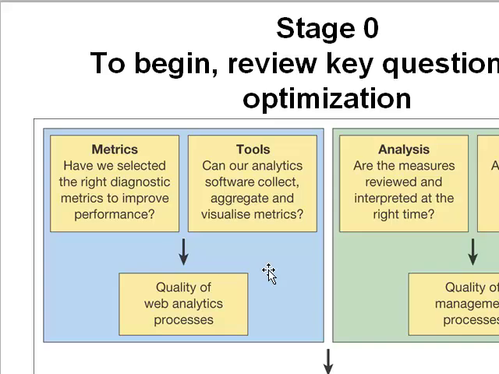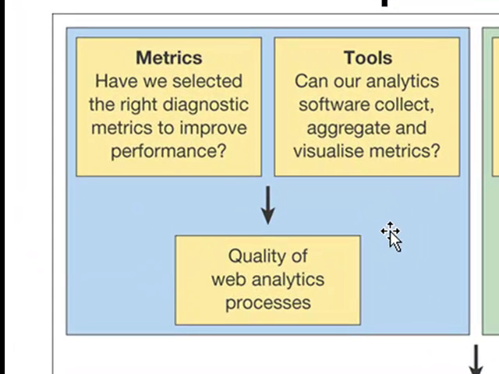Can your analytics software collect, aggregate, and visualize the metrics? There's a ton of tools, and new tools are coming out every single day. Together, the metrics and the tools deliver the quality of web analytics and the overall process. So you have to think about that part of the overall optimization.